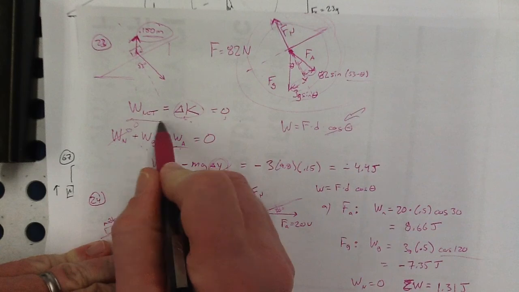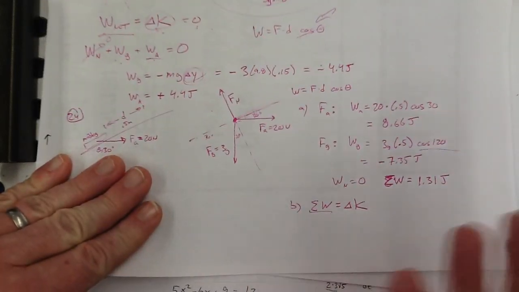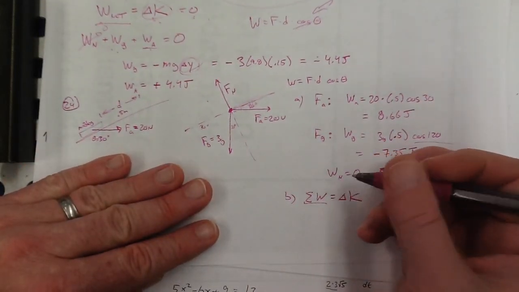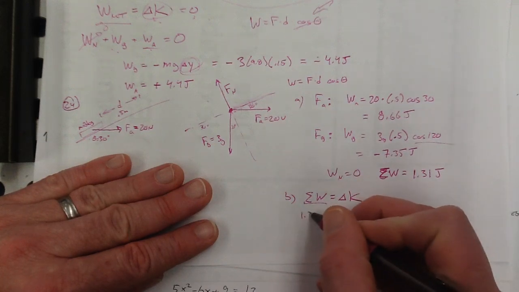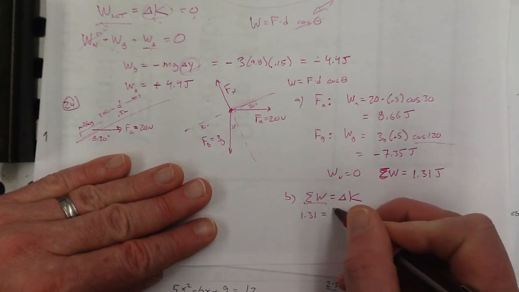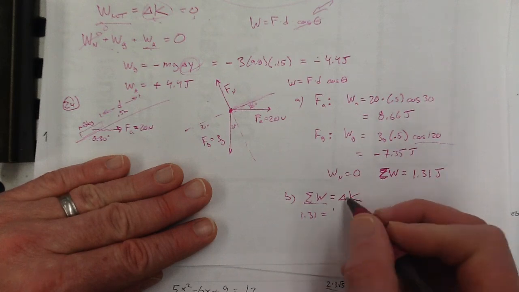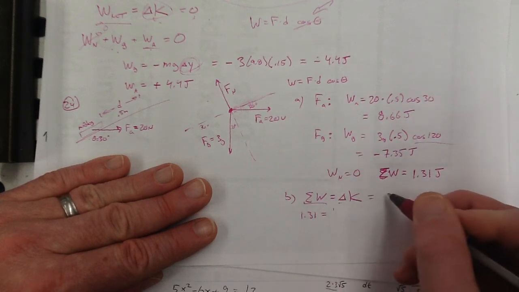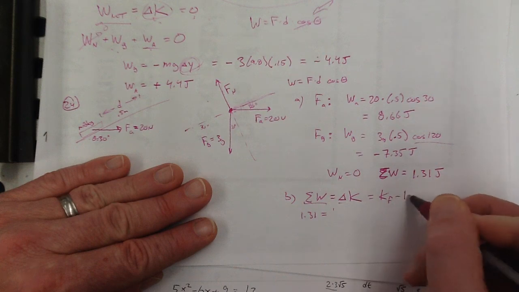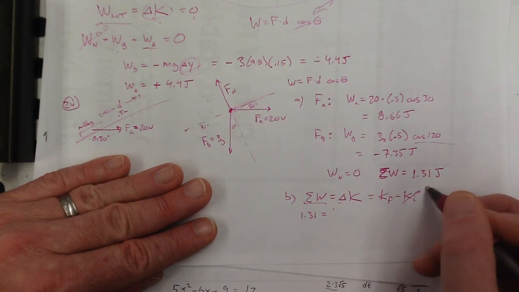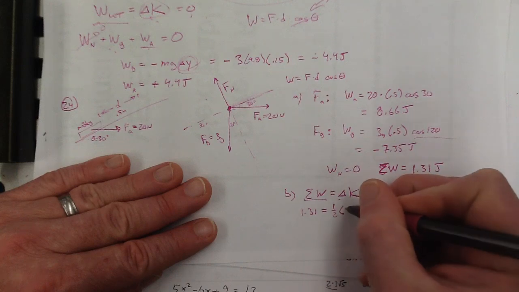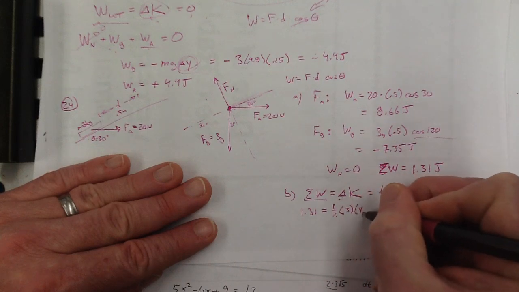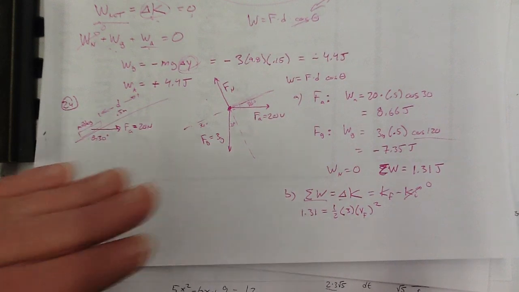And then B, the net work that's done is equal to the change in kinetic energy. Sorry, sometimes I write net work and sometimes I write the sum of all work, same thing. So 1.31 is equal to the change in kinetic energy. If it started from rest, then the initial kinetic energy is just 0, so that's 1/2 mv squared.